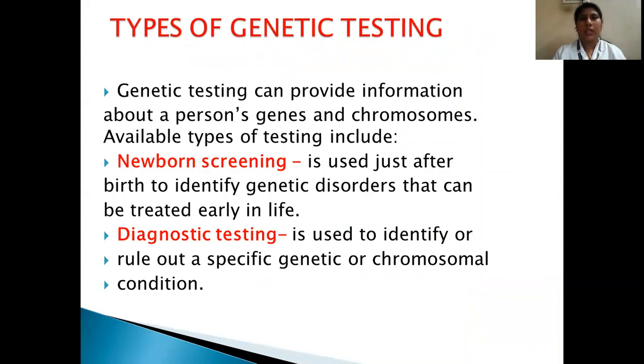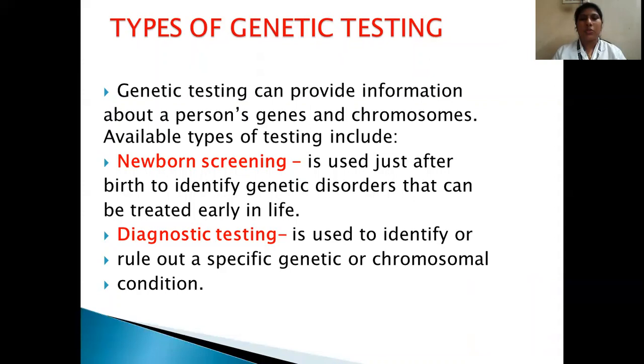So, what are the types of genetic testing? Genetic testing can provide information about a person's genes and chromosomes. Available types of testing include newborn screening. It is used just after birth to identify genetic disorders that can be treated early in life. Then diagnostic testing.